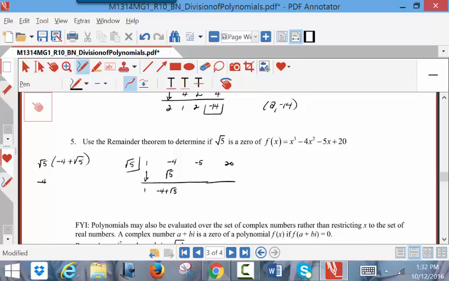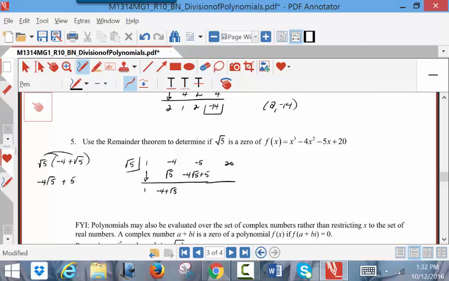So this is a negative 4 square root of 5 plus, because you're going to distribute here, square root of 5 times the square root of 5 is 5. Negative 4 square root of 5 plus 5.